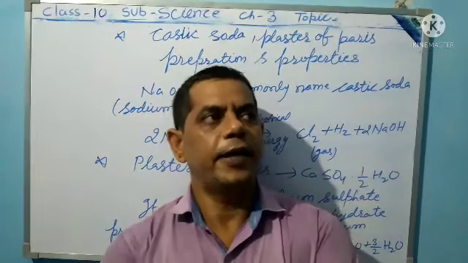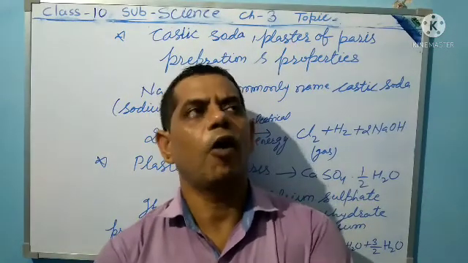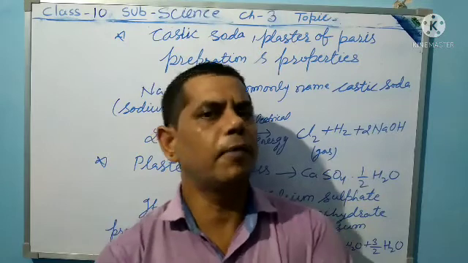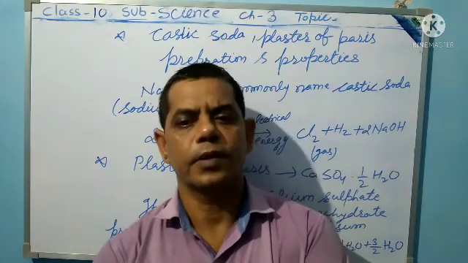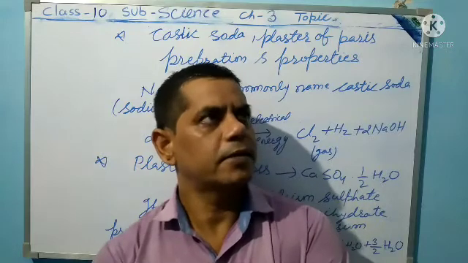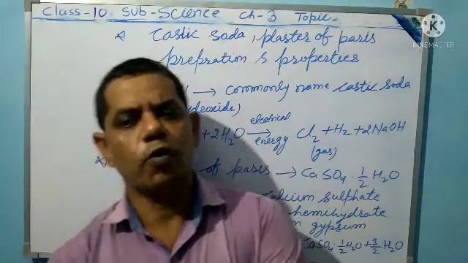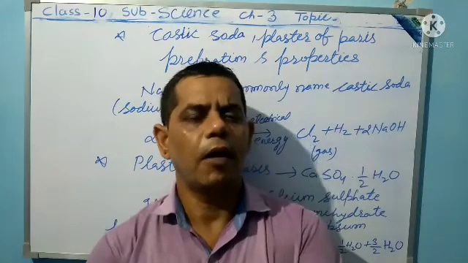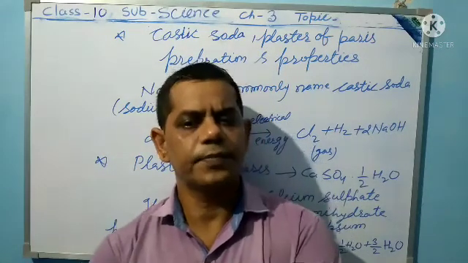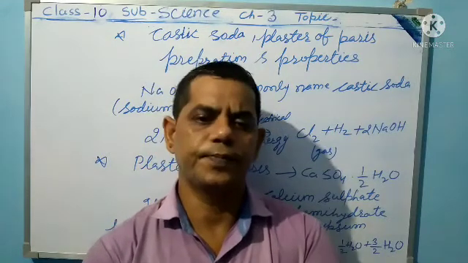Caustic soda is an alkali salt. It is the common name of sodium hydroxide. This name is given due to the corrosive nature of this salt on animal and plant tissues.